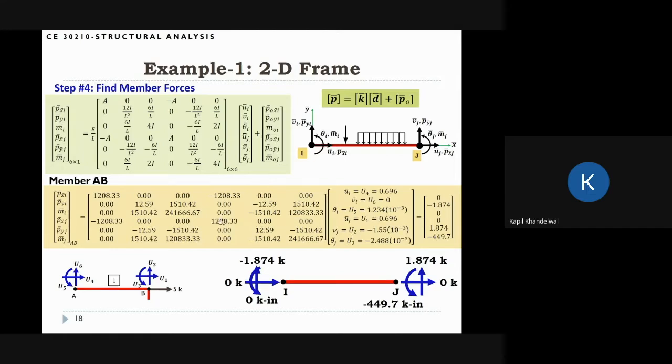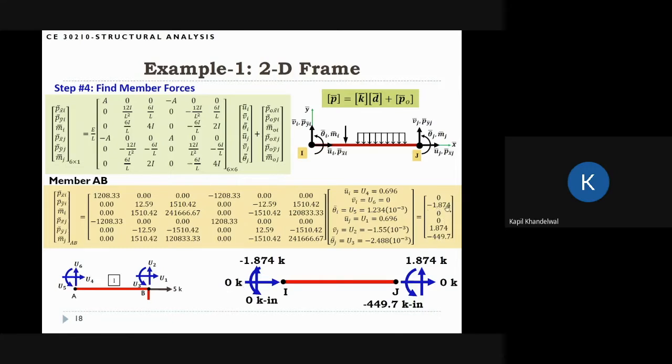And then we have to do this multiplication, and then we can get the answer. So this is the answer we get for the member forces, and I have shown these member forces in this figure here. You can see that the first number is PXI, which is 0.